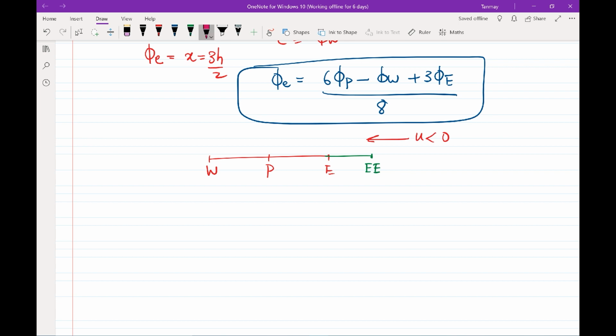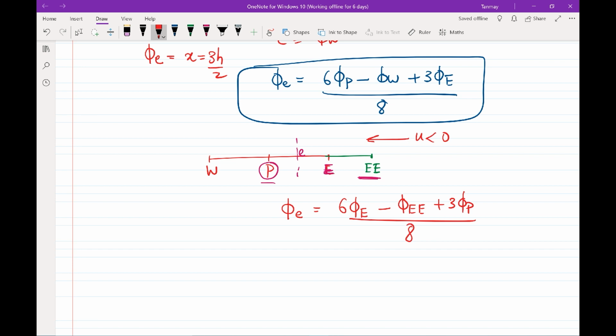If we want to evaluate the same small e, because one upwind point is capital E, we needed another upwind point, which is phi double E, and the downstream point would be capital P. So in this particular case, the expression for phi e would be 6 phi E minus phi double E plus 3 phi P divided by 8. I hope I've written this right.